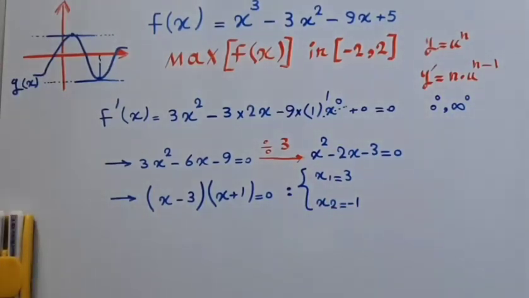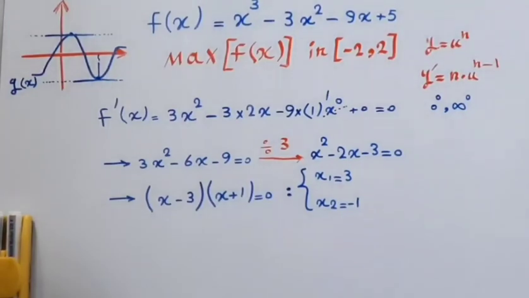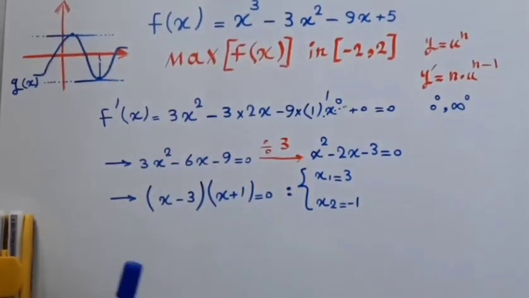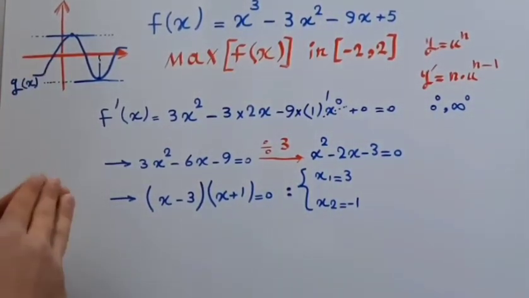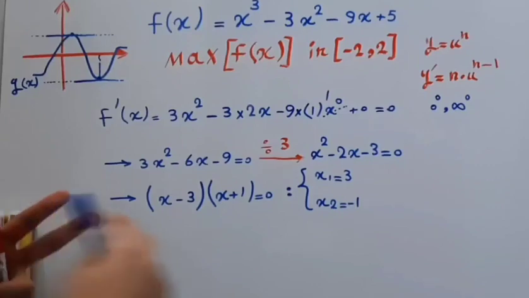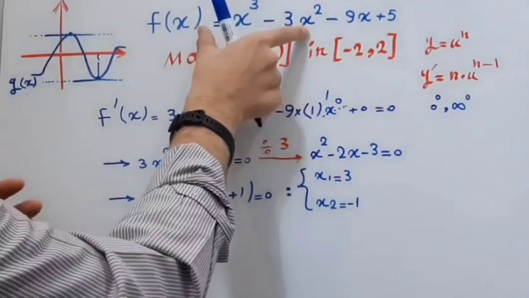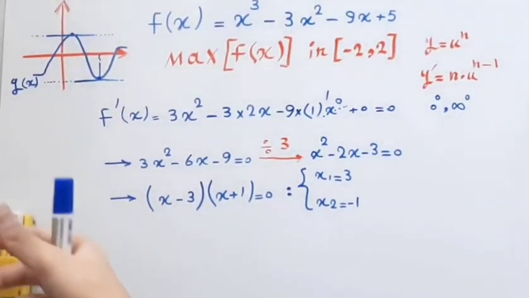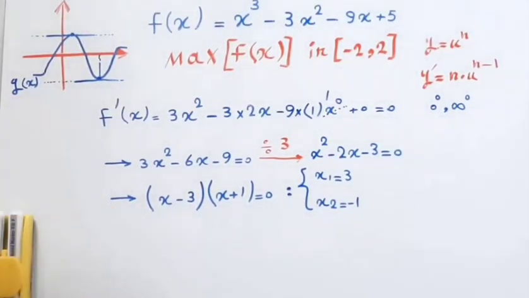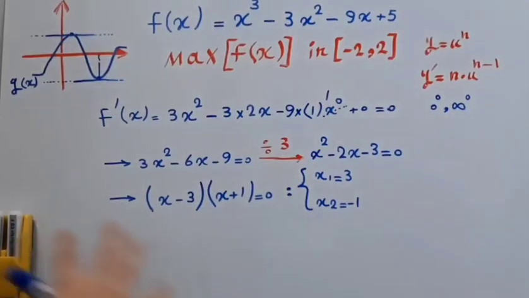So we reach these candidate points for the max values, but we want the maximum value. I mean we have just one maximum value. We should put these into the function and see which of them is the biggest one, comparing with each other.